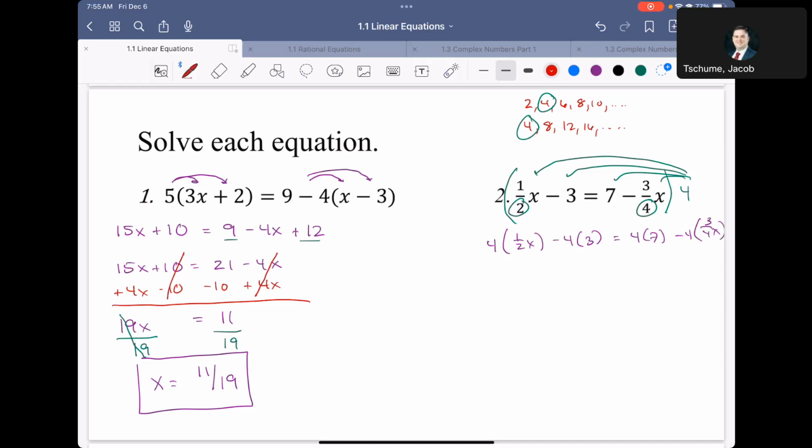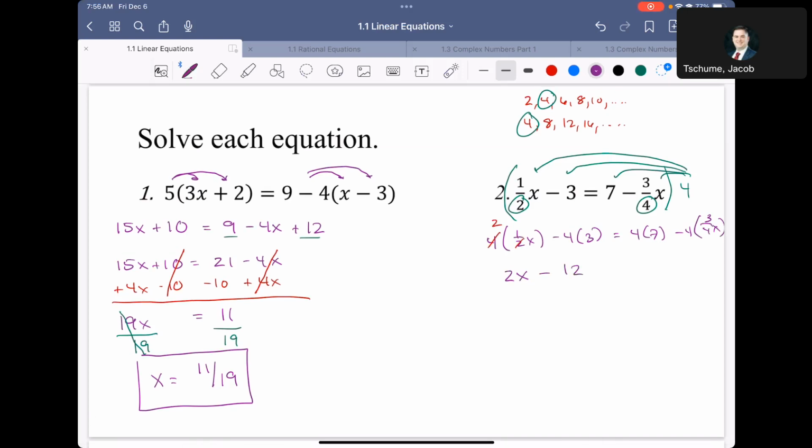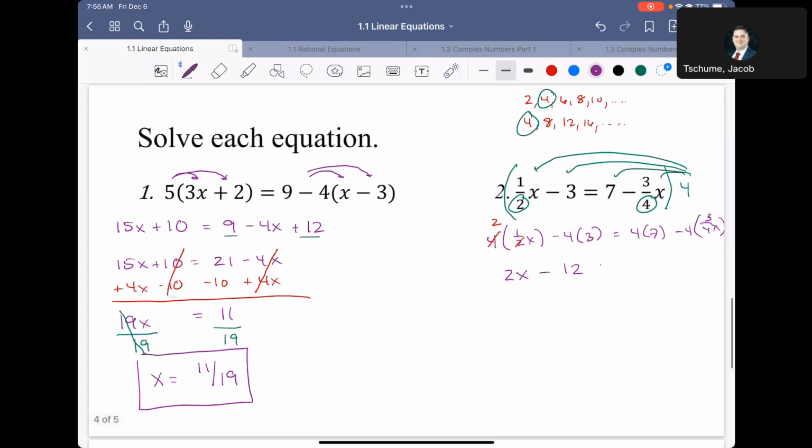So if I go from left to right here, I know that 4 divided by 2 is 2. And so 2 times 1 times x would give me 2x. Minus 4 times 3 would be 12. Equals 4 times 7 is 28. And then on the last term, even better, 4 divided by 4 cancels, and you just have a minus 3x left over.